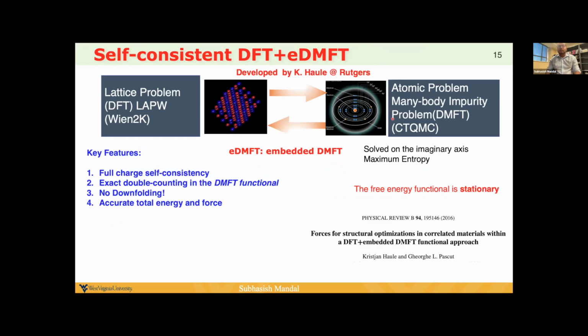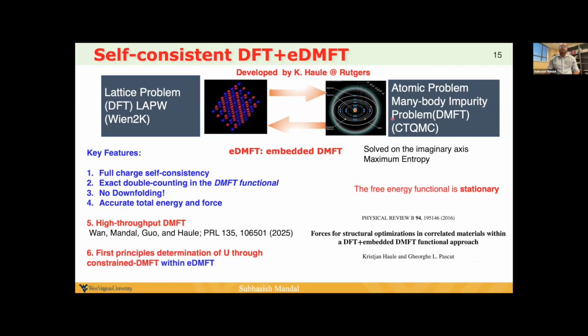There are a few key features I would like to mention: it has full charge self-consistency. We can get exact double counting in the DMFT functional. The free energy functional is stationary here, and there's no downfolding.